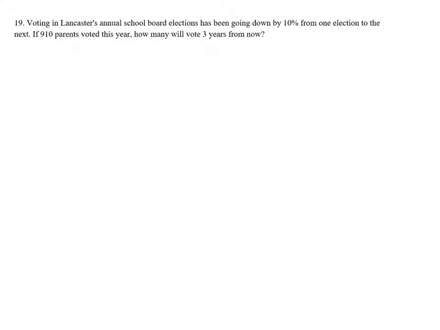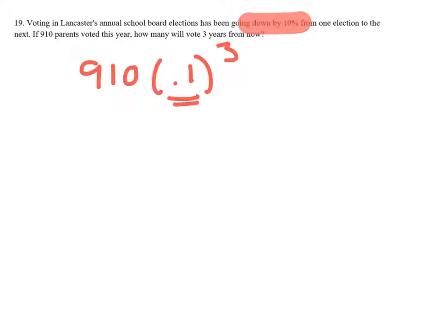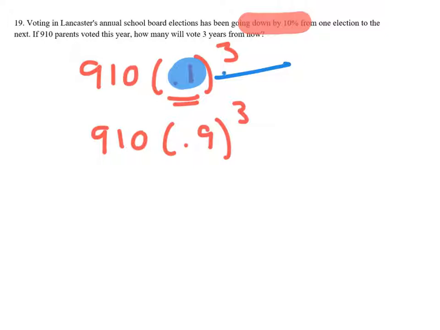This time we are actually looking at what's called exponential decay. And the reason it's decay is because we're losing 10%. Now the typical thing is to say, okay, 910 times 0.1 losing 10% 3 years from now. This is wrong. It actually should be 910 times 0.9 to the third here. Now why is it one and not the other? Well, this is actually a loss of 90% because we're at 0.1.